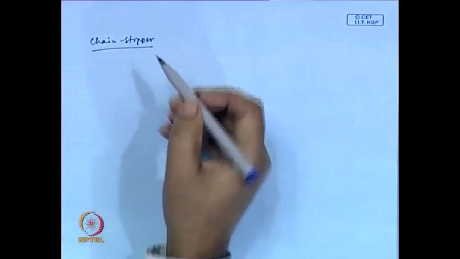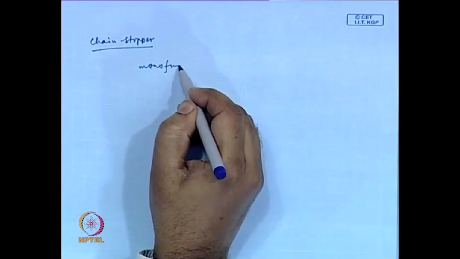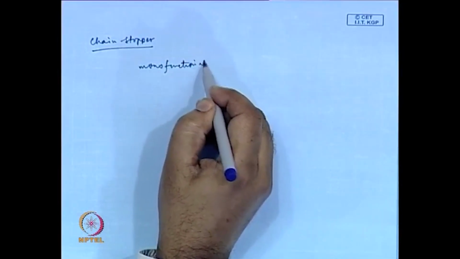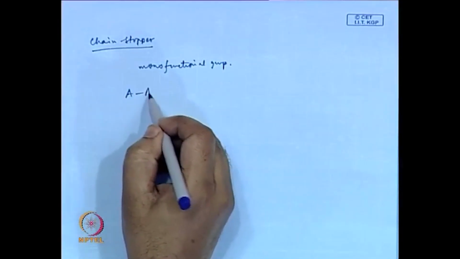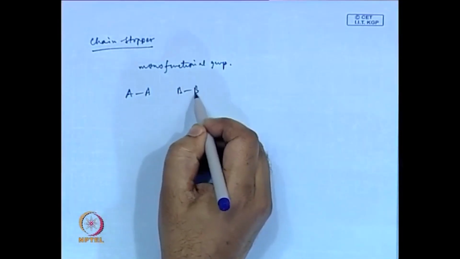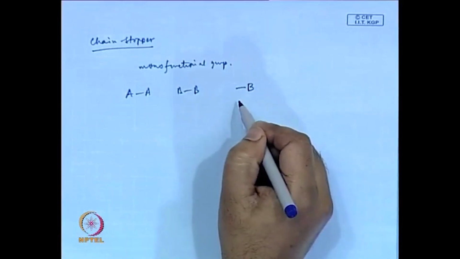Chain stoppers are molecules having a monofunctional group. So, instead of taking A plus BB, you take just B in excess.